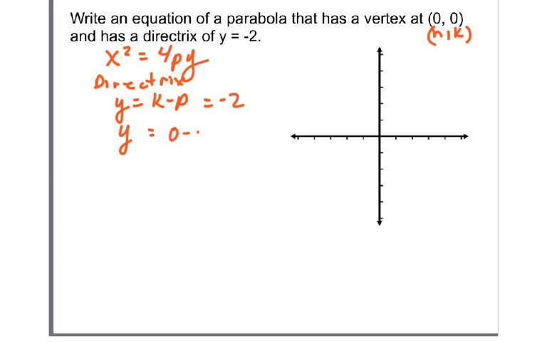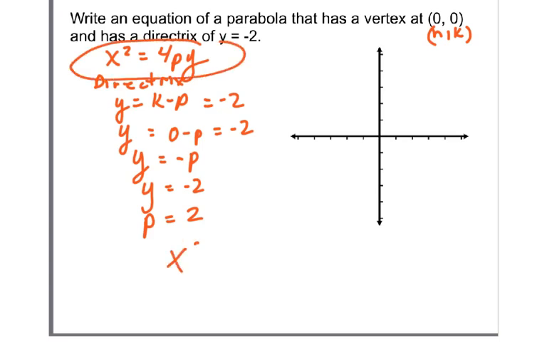So it means we have 0 minus p, and that gives us negative 2. If that's the case, then that means that y equals negative p, and y also equals negative 2, therefore p equals 2. So when we're going to write our equation, we know that we're going to be writing x squared equals 4 times p, which is 2, times y. So we get x squared equals 8y. That is our equation.